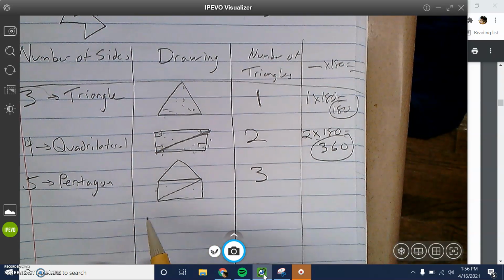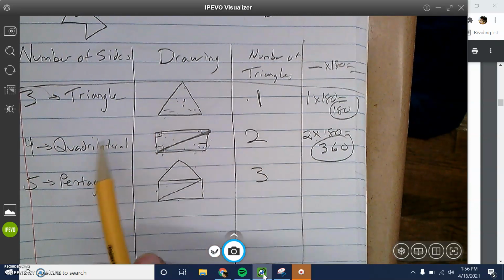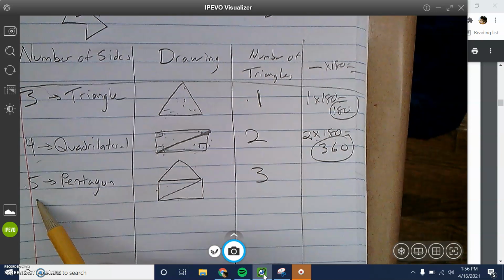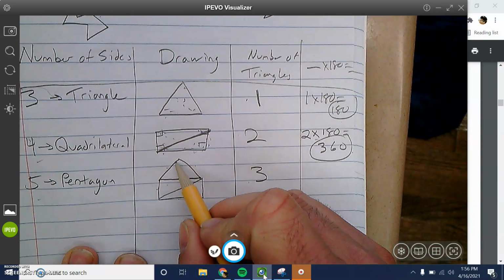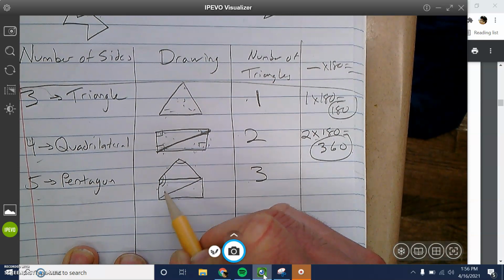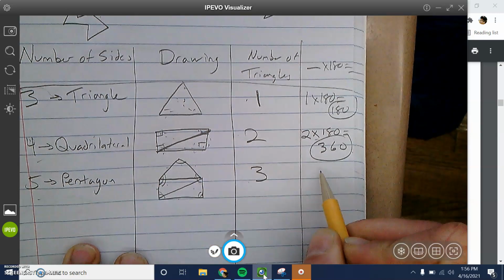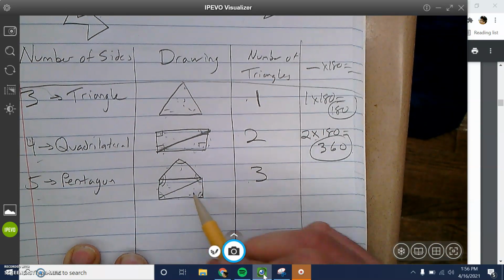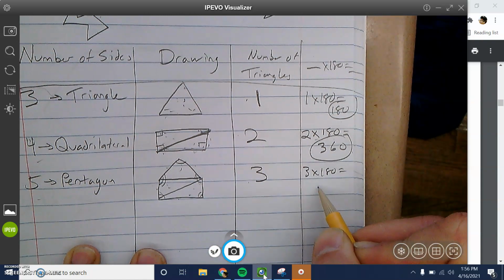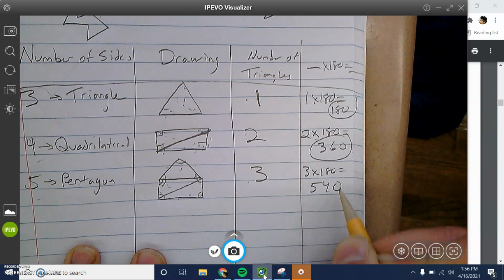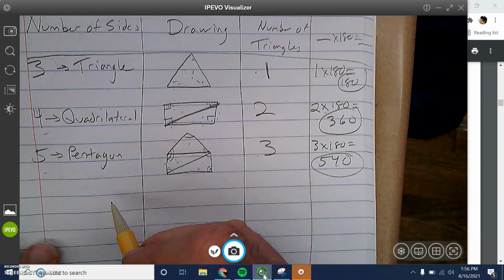I think we see a pattern here, right? 3 sides, 1 triangle. 4 sides, 2 triangles. 5 sides, 3 triangles. So all the interior angles, this angle plus this angle plus this angle, this angle, and this angle, add up to the same as 3 triangles. So 3 times 180 equals 540. There we go.